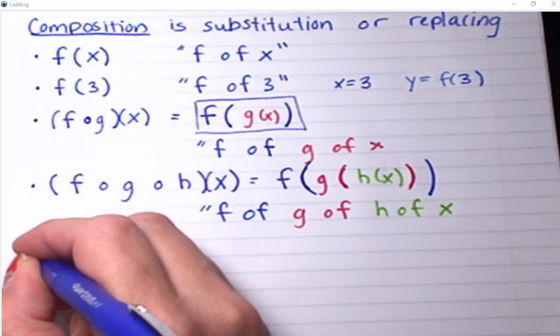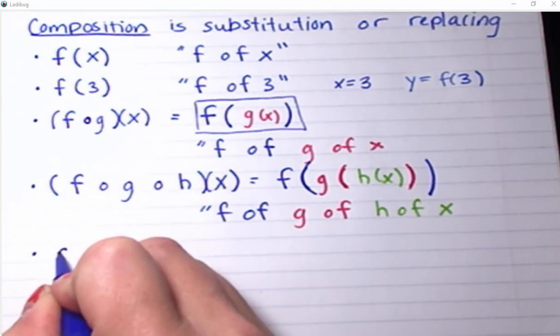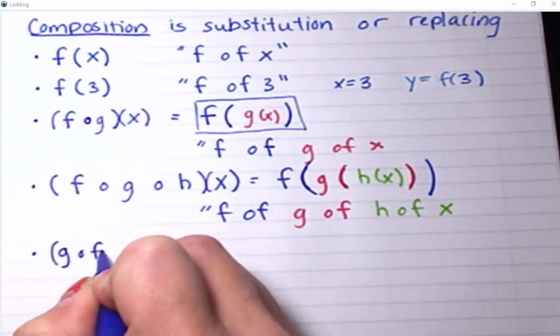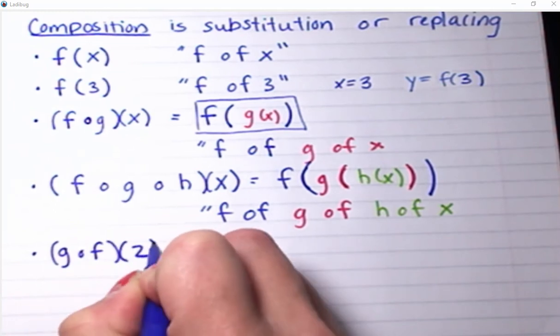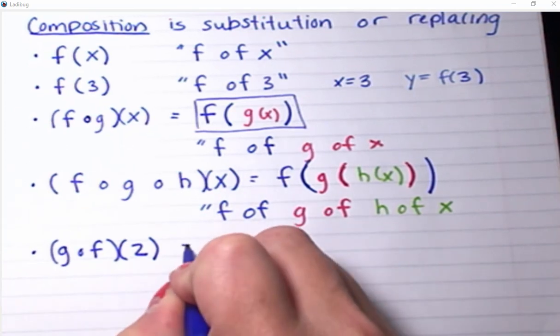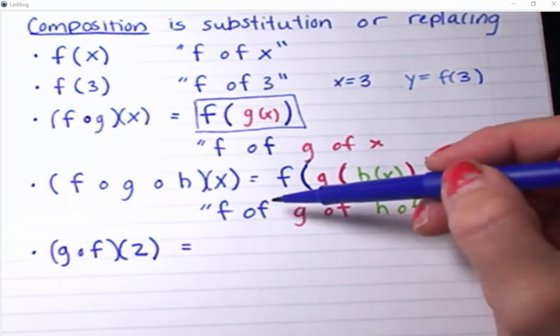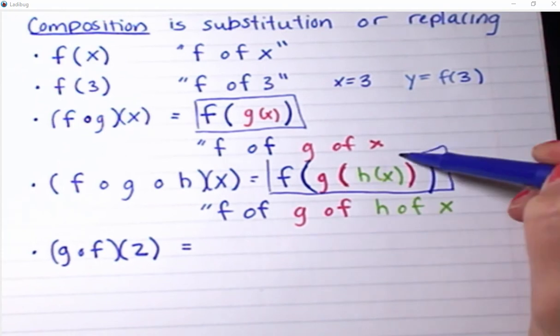Okay, I suppose I'll do g circle f of 2. g of f of 2. But it looks like "gof." Okay. So I'm going to put it into the user-friendly notation, which is the one with the grouping symbols.